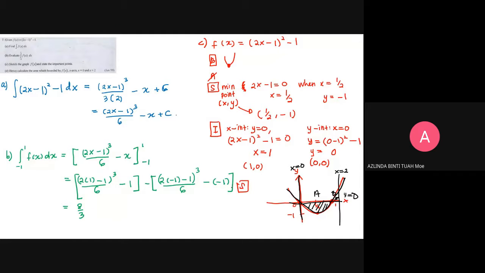So area A is the integration from 0 to 1. The top curve minus bottom curve.